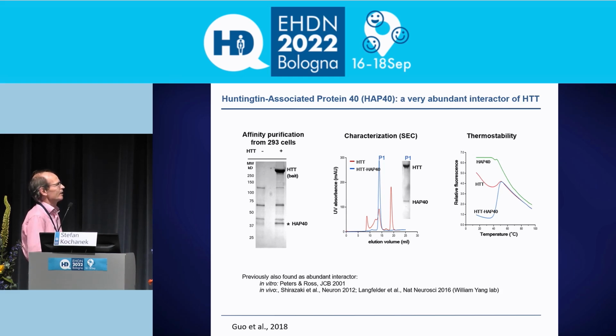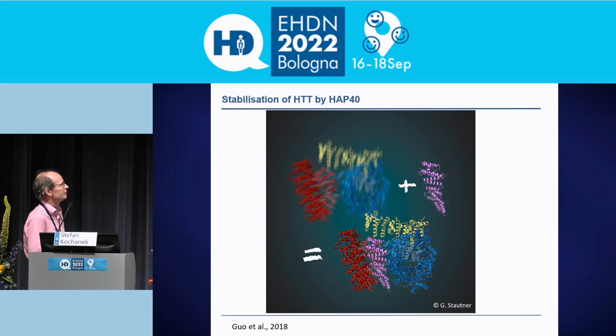And also by differential scanning fluorimetry, we had a very nice melting point with the complex, but not with Huntingtin. It was clear that this complex might be amenable to cryo-electron microscopy. Before, it was not possible because Huntingtin by itself was just too heterogeneous, too flexible.